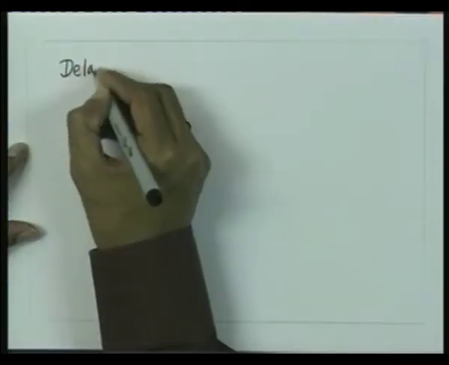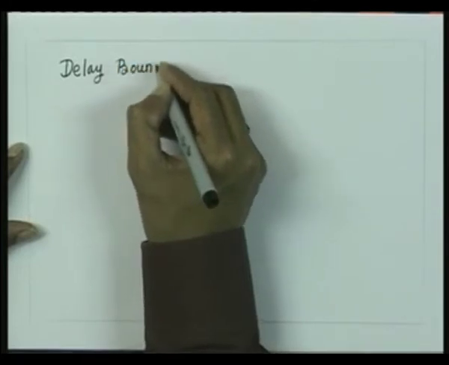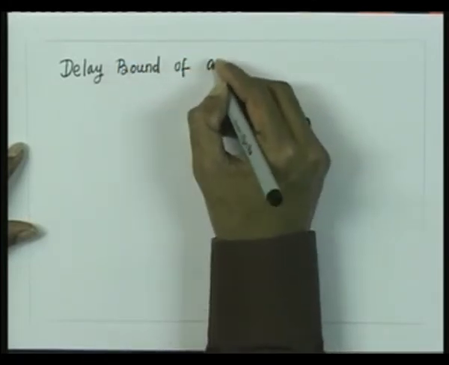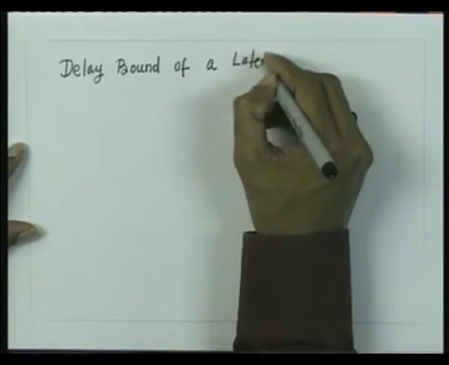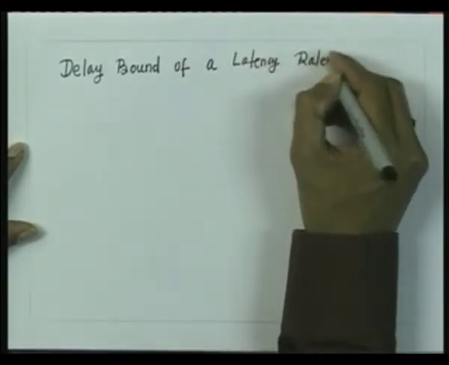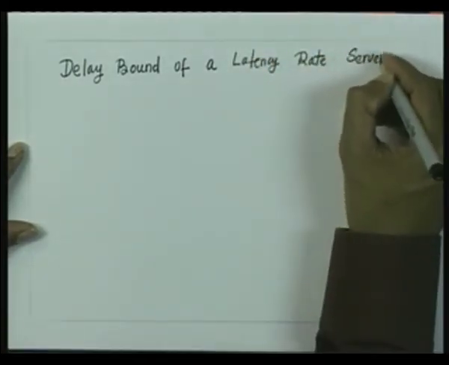So that result we now state, and that result is: if S is a latency rate server, this is the delay bound of a latency rate server.